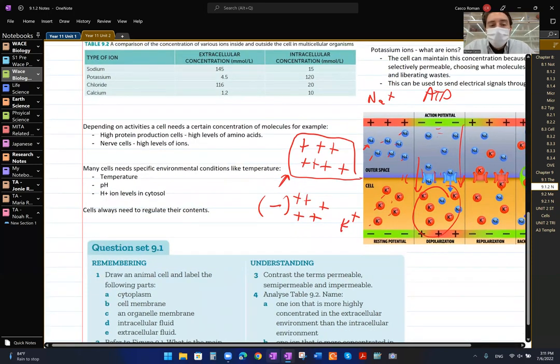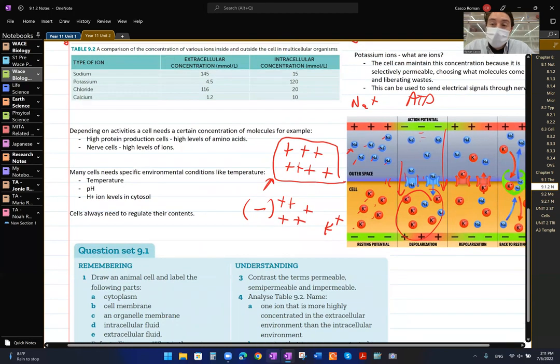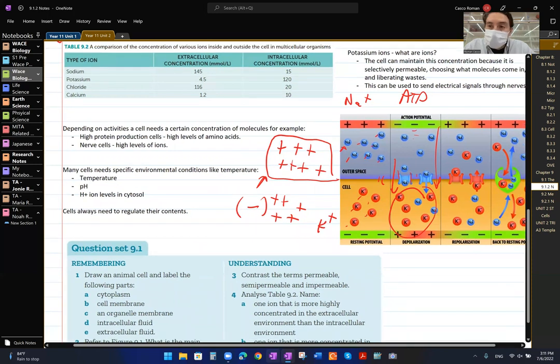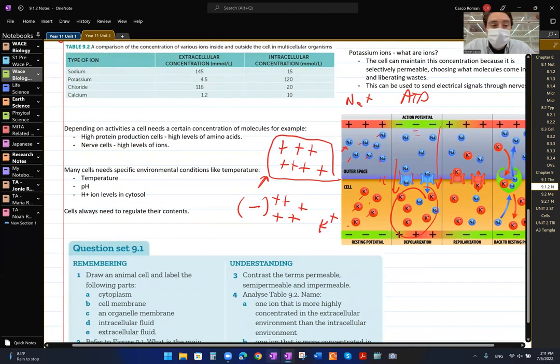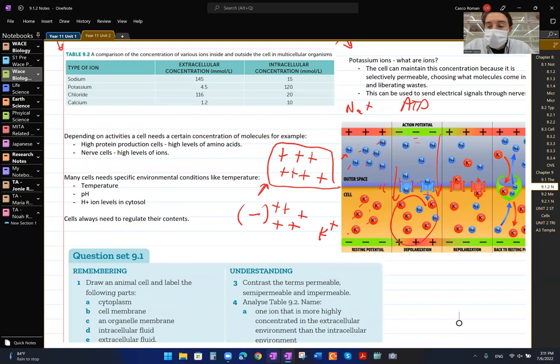So the cell has evolved different ways to do that, and not just for sodium and potassium. Different cells need different amounts of things for different purposes. For example, cells that need to produce a lot of protein need a high level of amino acids, the building blocks of protein.